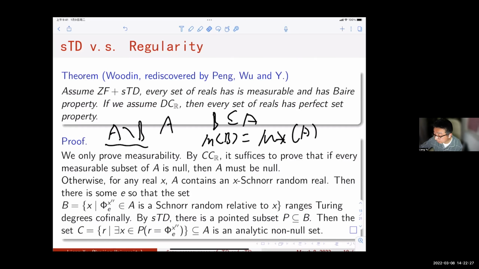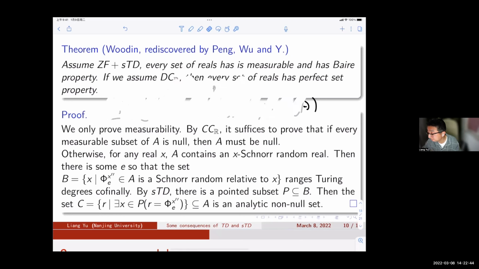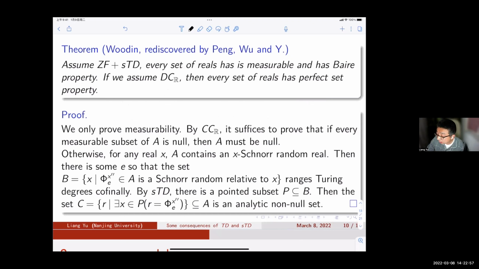Now, suppose every measurable subset of A is null; we prove A must be null. Suppose A is not null. Then by the remarks we just made, for any such R in A, R is x Schnorr random.